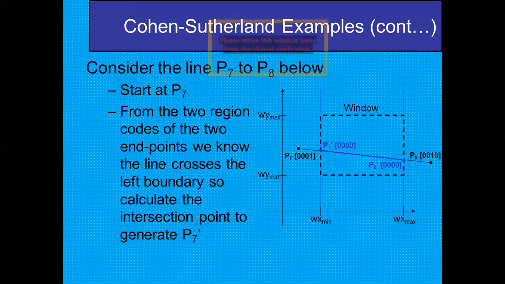It may lie completely outside, it may lie completely inside, or it may cross two edges of the window, or sometimes it is not crossing even the window edges, but due to the contention of the 4-bit codes, we are going to maintain some portion of the line segment, even though it is not touching the window boundary or window edge.